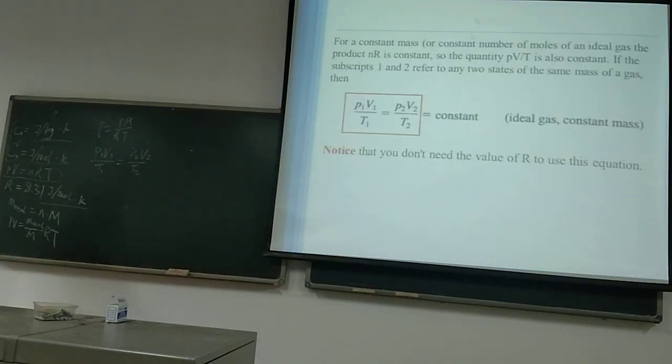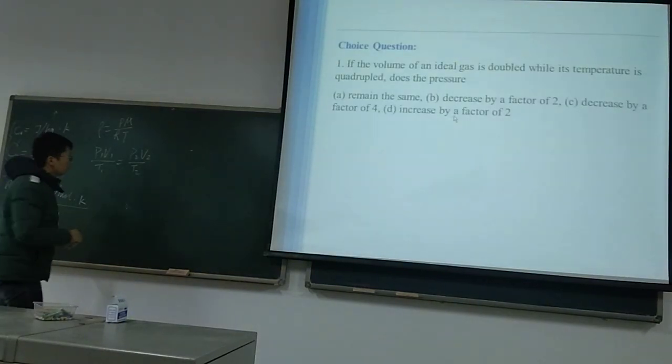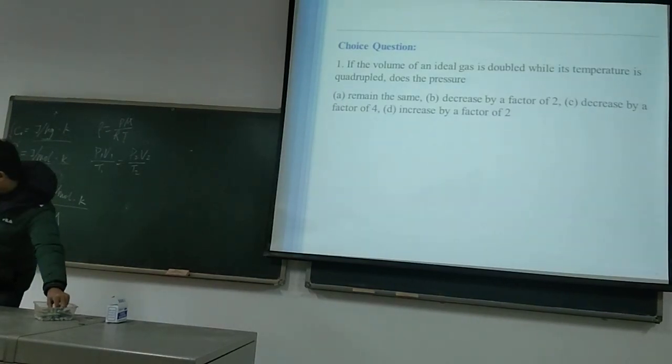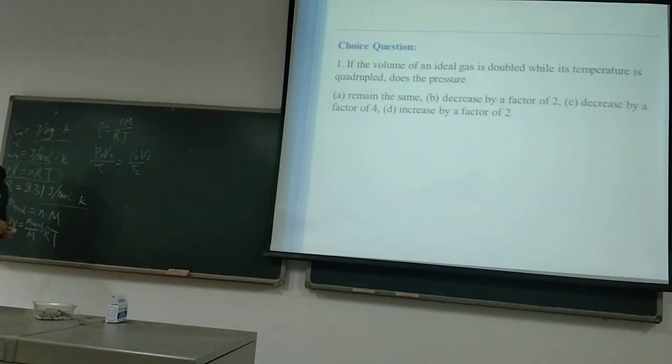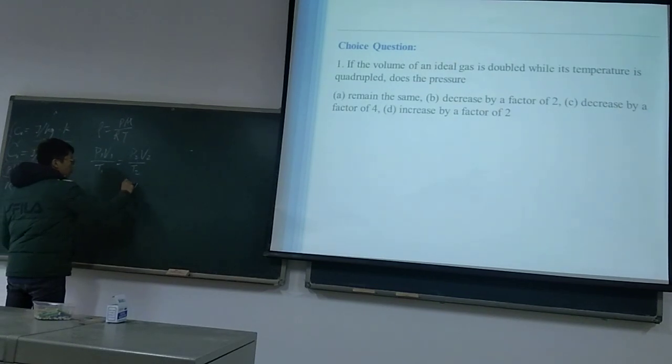If you remember the equation here, before the variation in volume and temperature, the state is P0, V0, and T0.